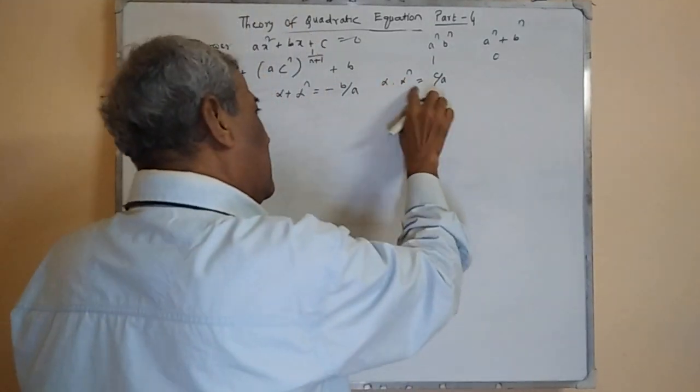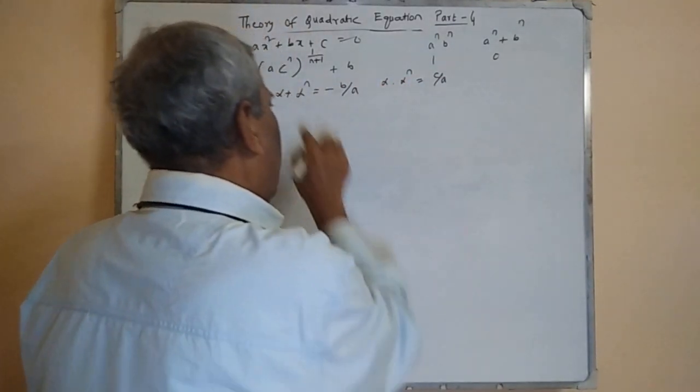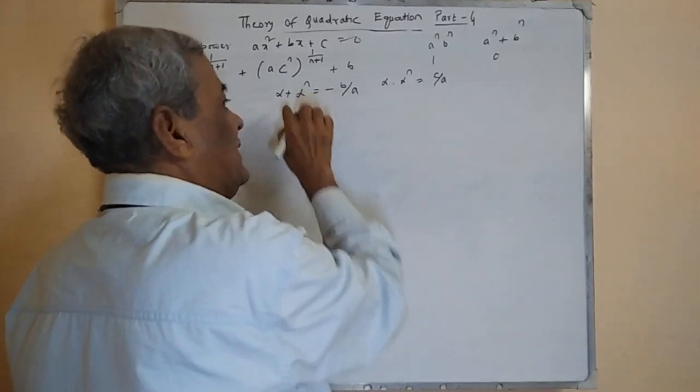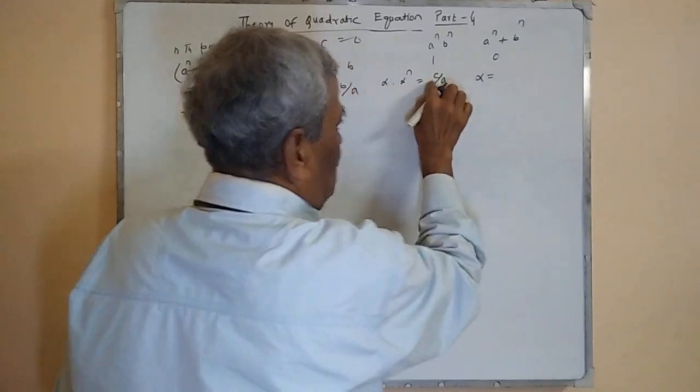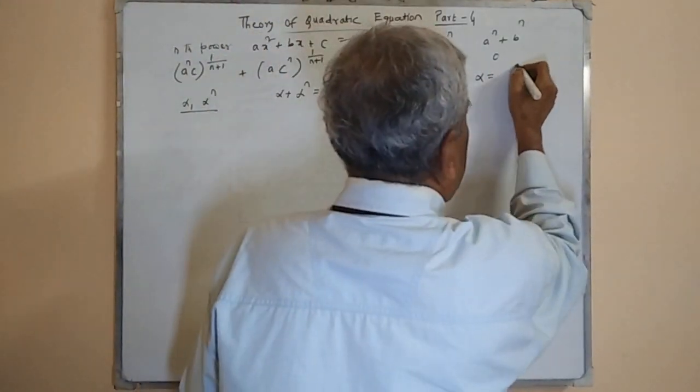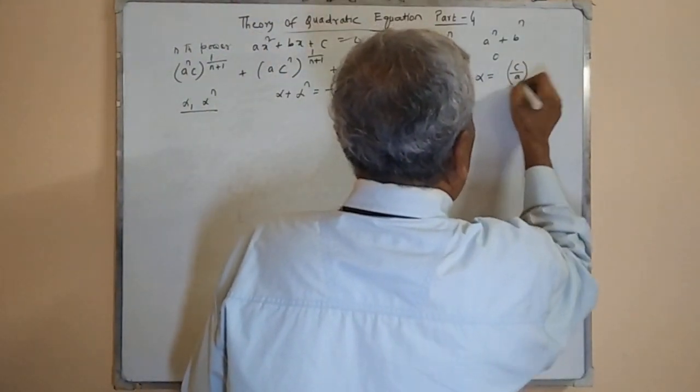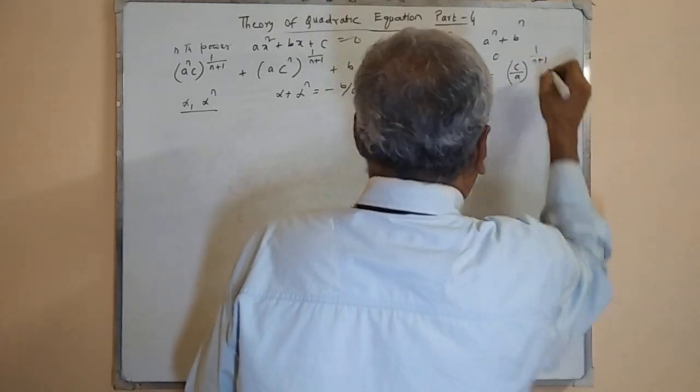Now, from there, find value of alpha and we shall put it there. Alpha to the power n plus 1 is equal to c by a. Therefore, it is c by a whole to the power 1 by n plus 1.